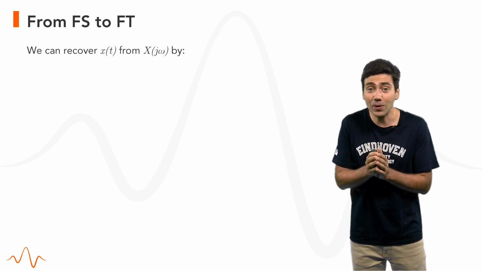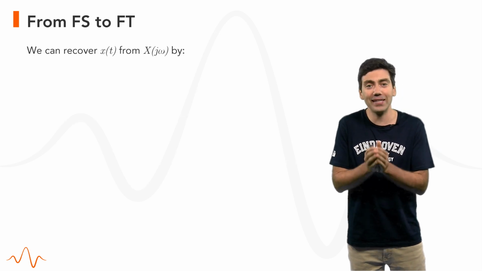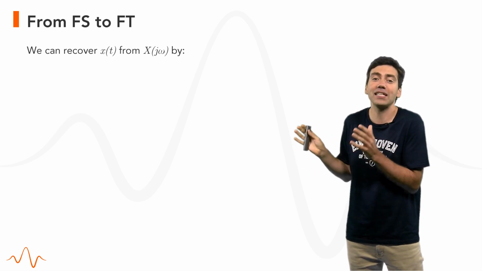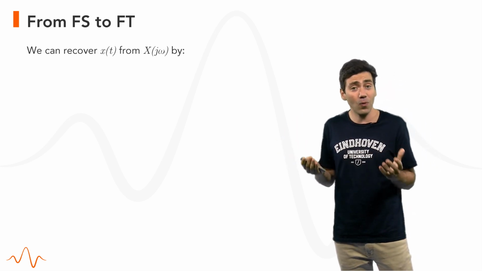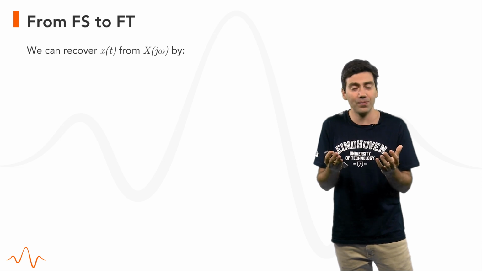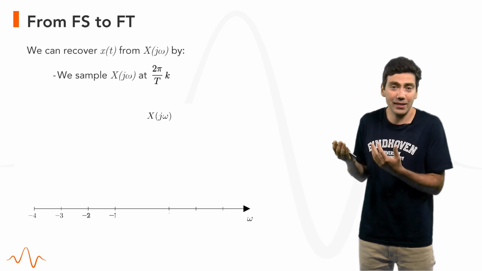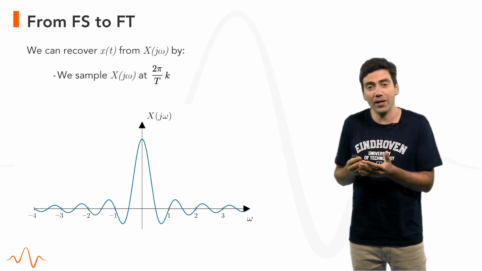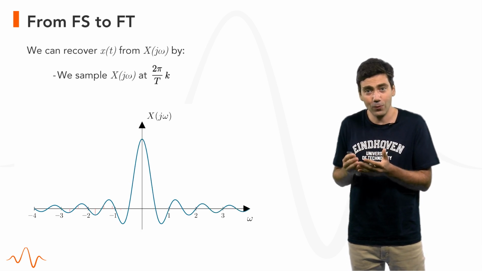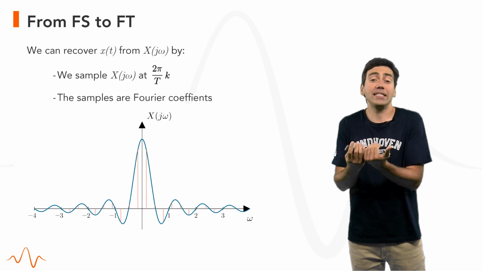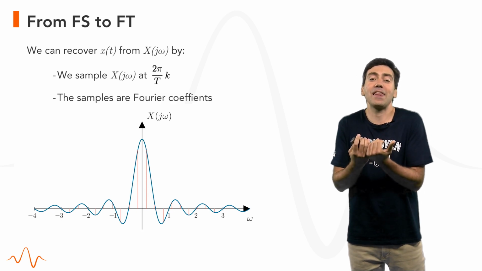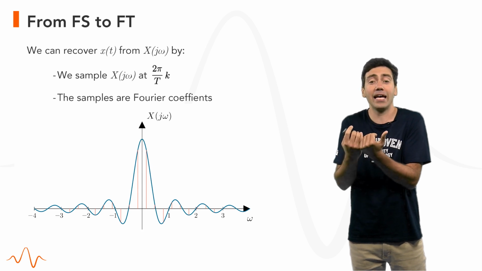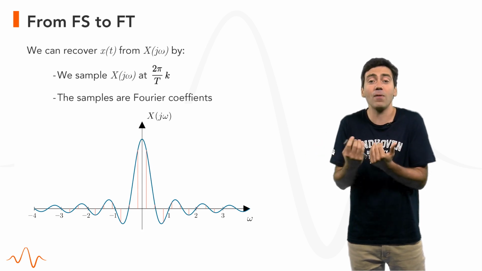Now, conceptually, we can recover the signal x of t from this Fourier transform, from this envelope function capital X. And why? We can follow the following procedure. We can sample this function X of j omega at frequencies 2 pi over capital T k. We still have to divide by capital T, but we see those samples, a k, as Fourier coefficients of a periodic function.